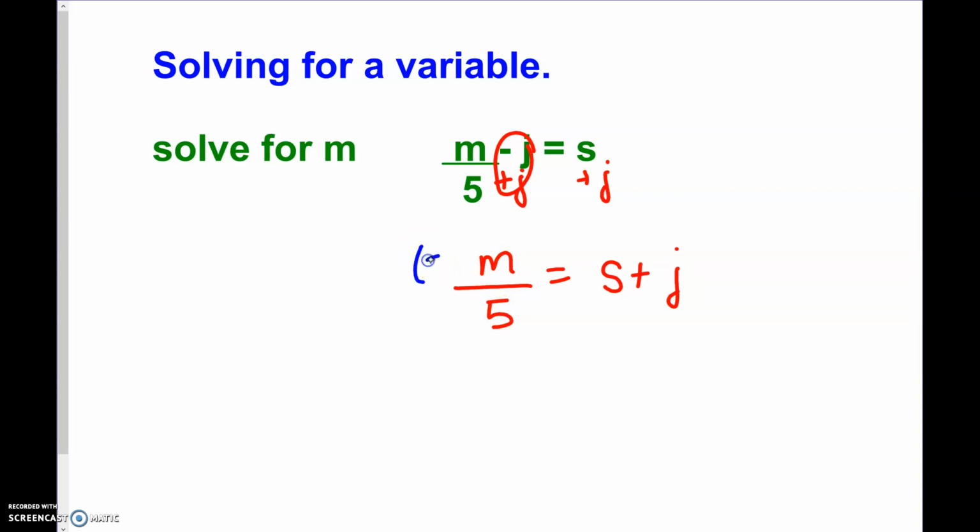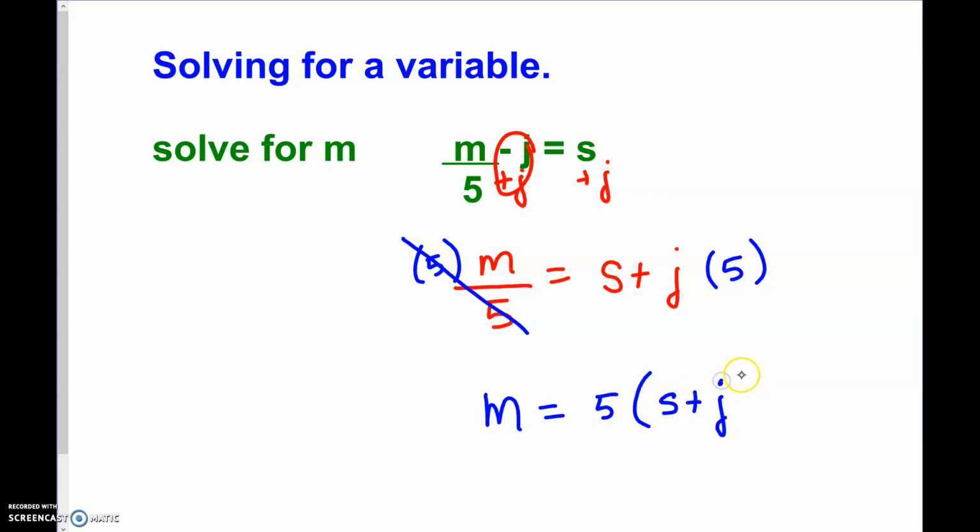So I am going to multiply both sides by 5. Over here, these 5's cancel out, and we're left with M equals. Now you can put that 5 in front or you can leave it at the end. So what we have is 5 times, and we still have S plus J.